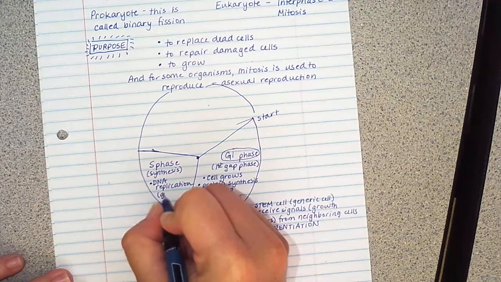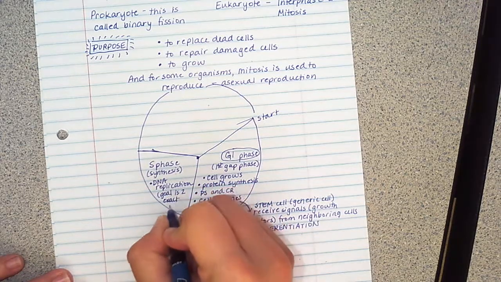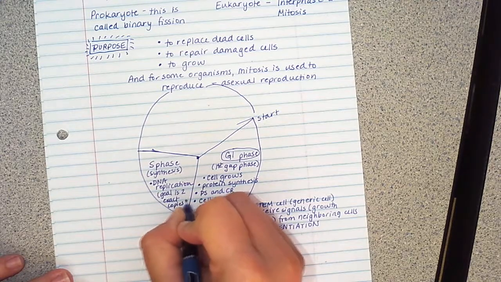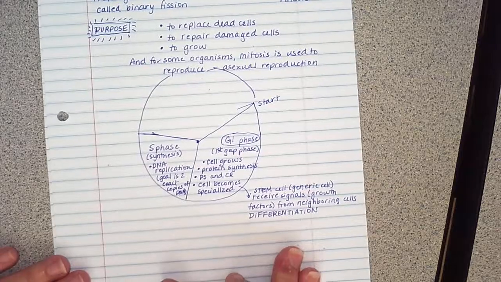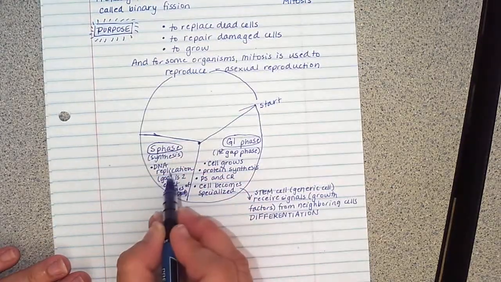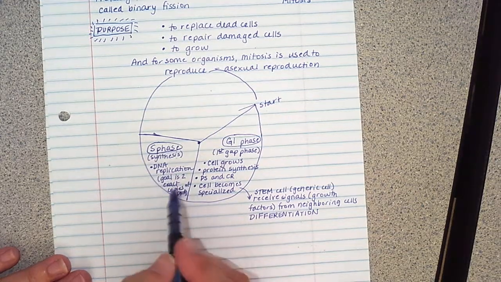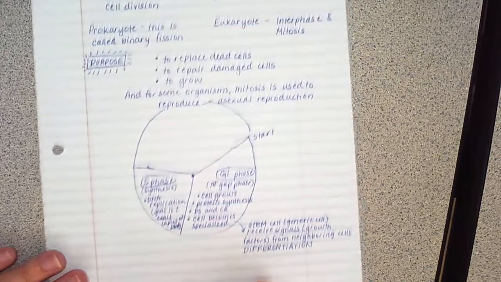And the goal is 2 exact copies of DNA. Sorry, I'm running out of room in there. So in the S phase, we're going to go through DNA replication. In a couple weeks, we'll actually learn more about that process. But in the end, our desired result is to have 2 identical copies of our DNA. And so that's what we call the S phase.